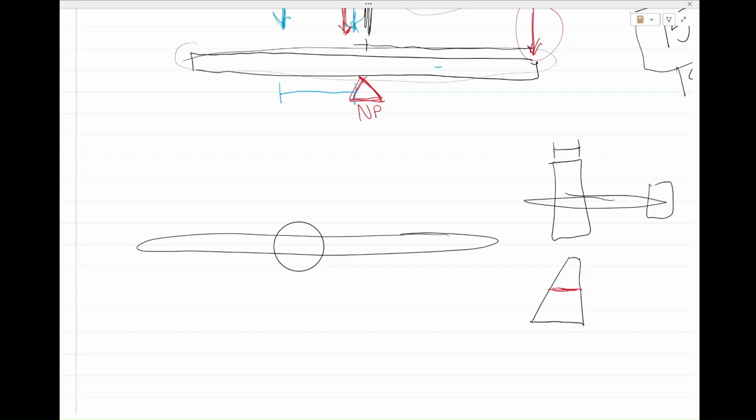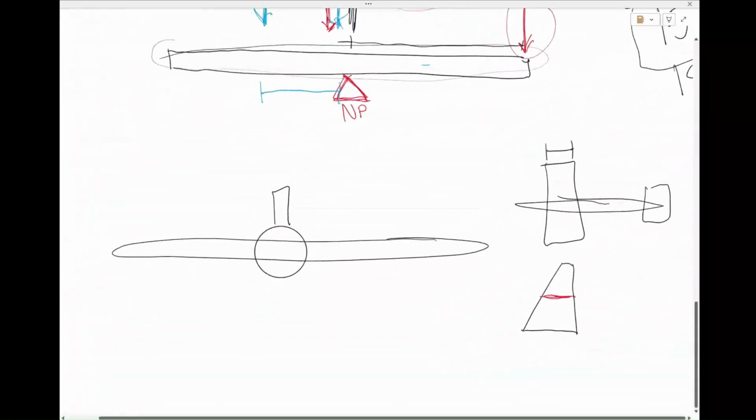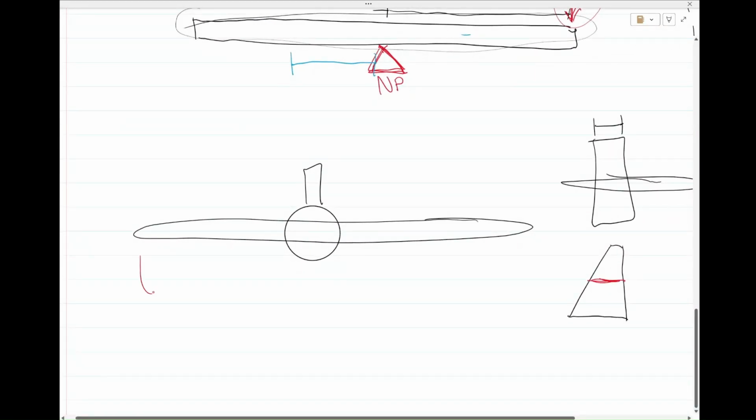So what is lateral stability? We looked at the plane from the side. Now we're going to look at the plane from the front. It is how stable it is in rolling. In the same way, we're engineers, so we can recognize that this is kind of like a beam, or even moment of inertia. The longer your wing is, the harder it will be, because this is your center of rotation.